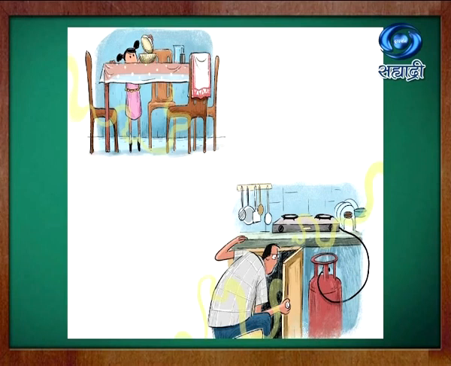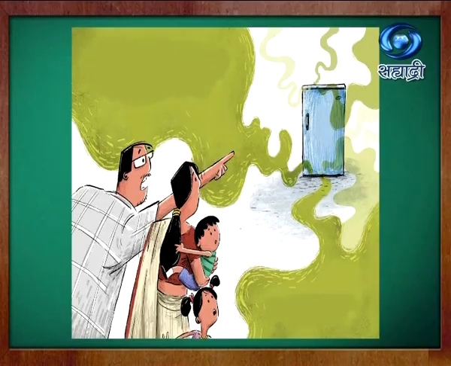Tara checks the dining room and father checks the kitchen. And he realizes that the smell is coming from the fridge.